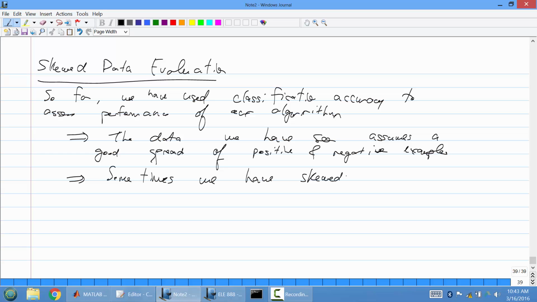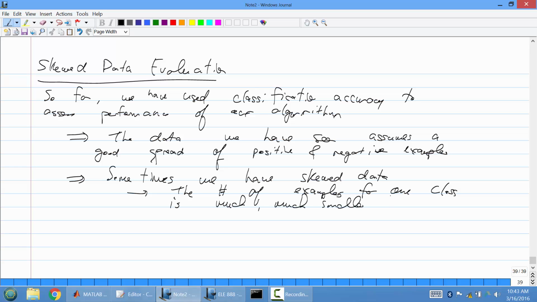This is very important in cases where you have very few positive examples or very few negative examples and a lot of the other. So the number of examples for one class is much, much smaller than the other class.